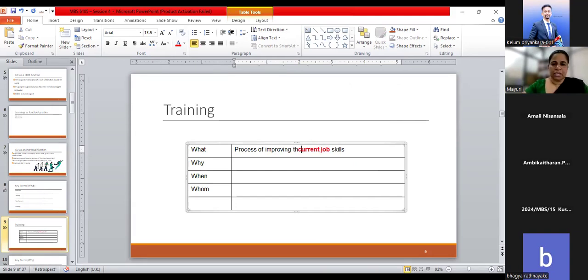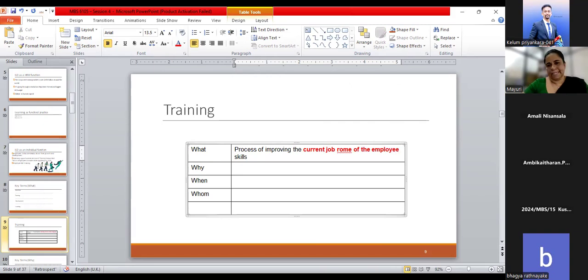Improving the current job role of the employee and fixing the performance problems. So it is the process of addressing the performance problems of the current job role.